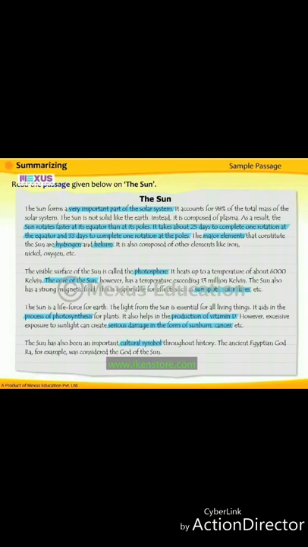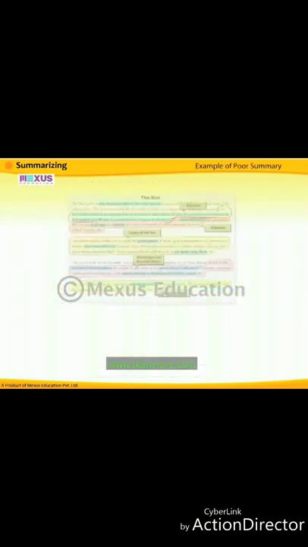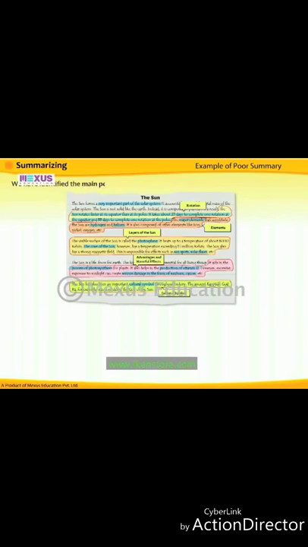The main points listed in this passage are the rotation of the sun, the elements that constitute the sun, the layers of the sun, the advantages as well as the harmful effects of the sun, and the sun as a cultural symbol. We have identified the main points in the given passage.